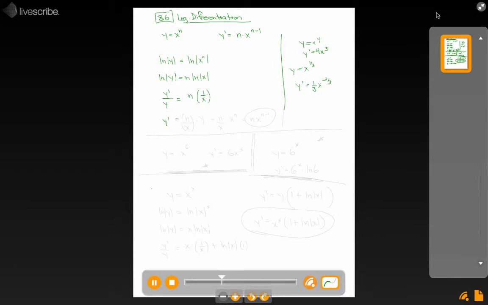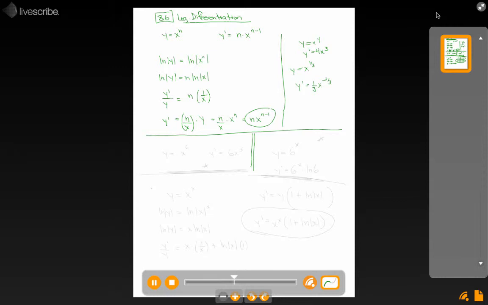So y prime equals n over x times y. Now that doesn't seem like the power rule, but if you go back to the beginning and say y was just x to the n, what you have here is n times x to the n over x, which is n times x to the n minus 1. So you can show, without too much nastiness, that the power rule works.